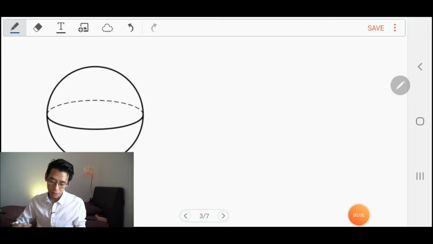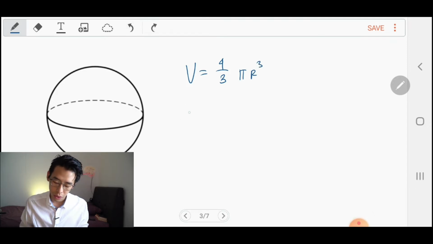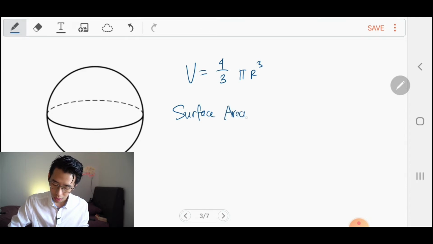Okay, and then next is the volume of a sphere. So this is a sphere, it's a ball. I'm not going to open this up because it's too valuable for me, but let's take a look at the screen over here. The volume of a sphere is 4/3 πr to the power of 3, and the surface area is 4πr squared.